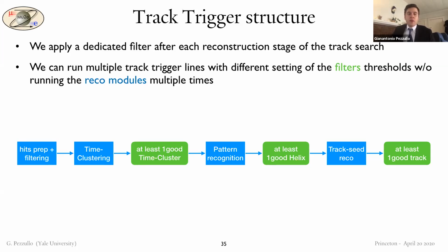The framework allows us to not run the reconstruction modules multiple times if they don't have different configurations, of course. We can have multiple track trigger lines with filters set in different ways, but using the same reconstruction modules, and we know that the reconstruction modules would not run twice.